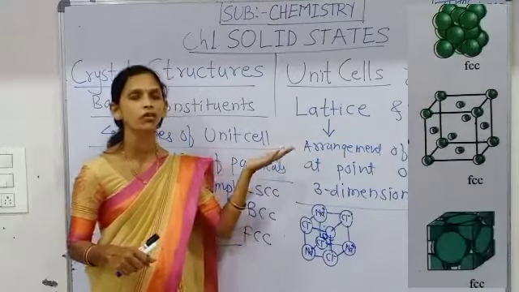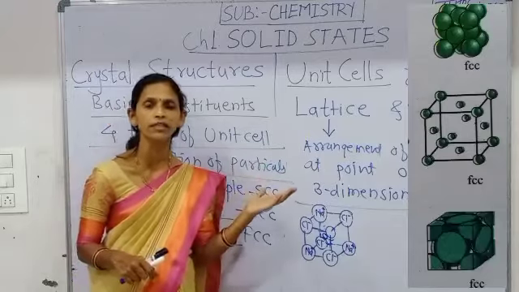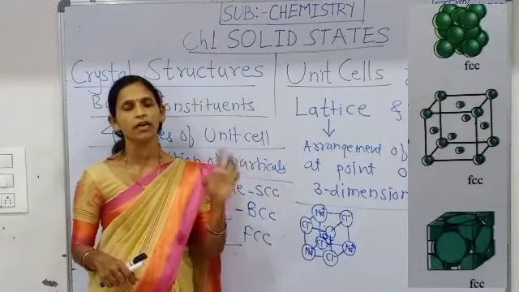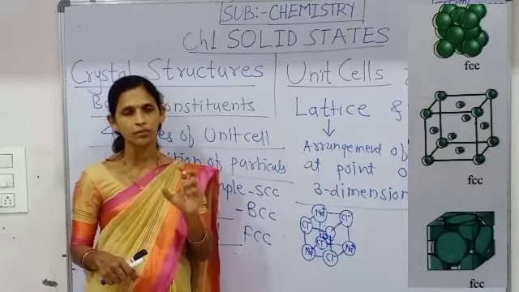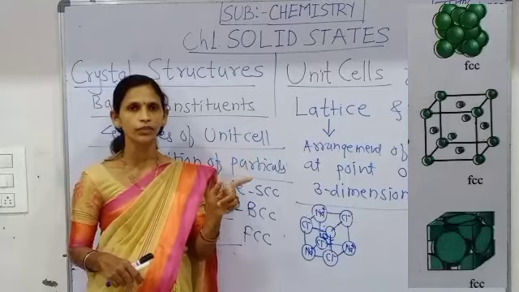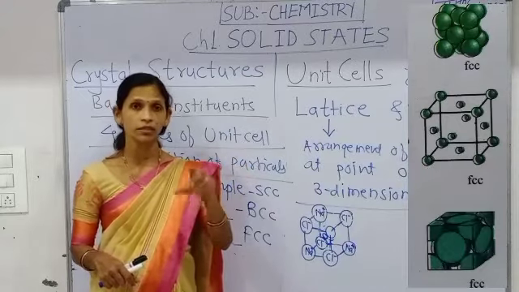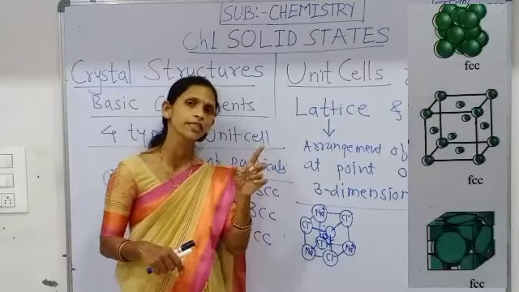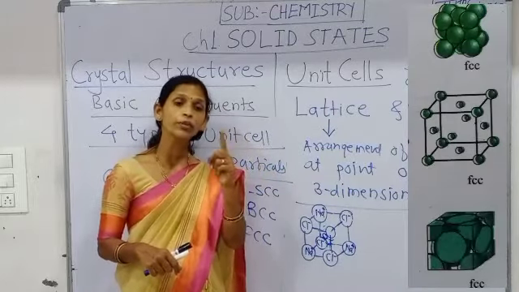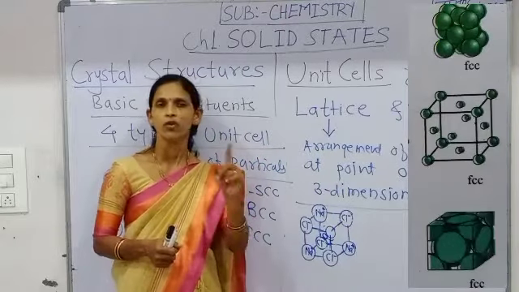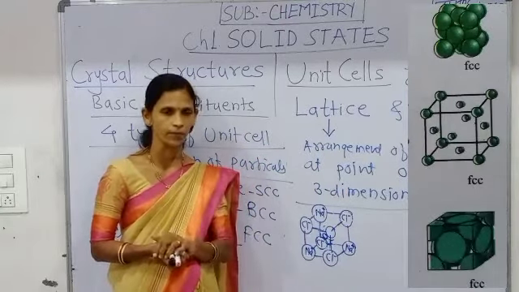See here in the figure, in the FCC unit cell, there are basic particles present at every corner of that unit cell, as well as a few more particles present at the center of each face of that unit cell. Therefore, it is called a face centered unit cell.